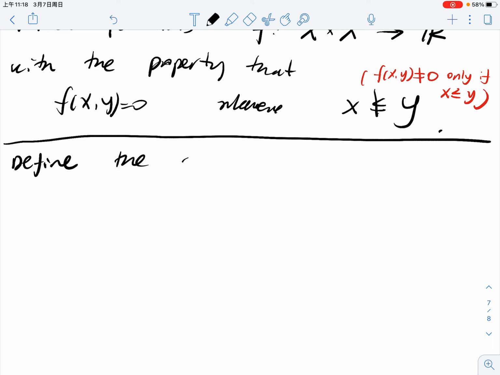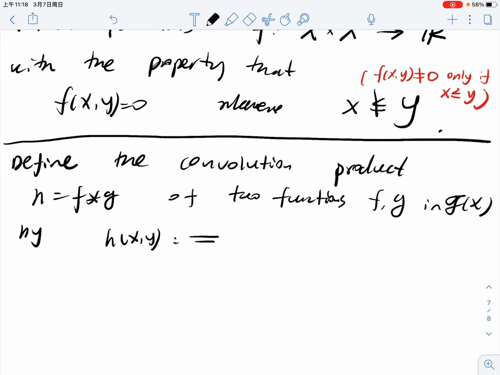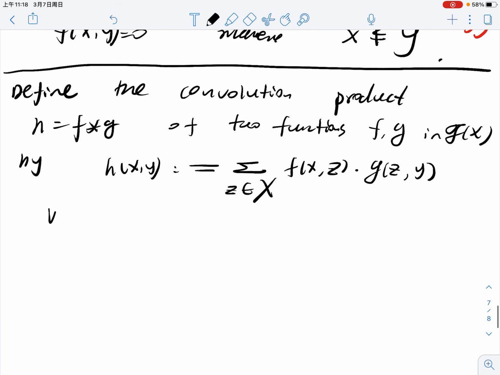So define the convolution product h equals f star g of two functions f, g in χ_f by summation for all elements z in X, f(x,z) times g(z,y), for all x, y.